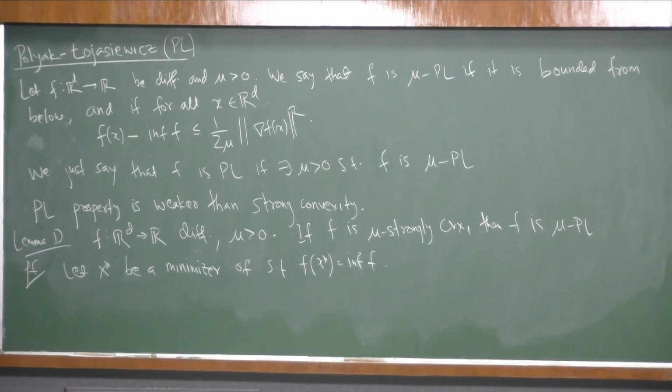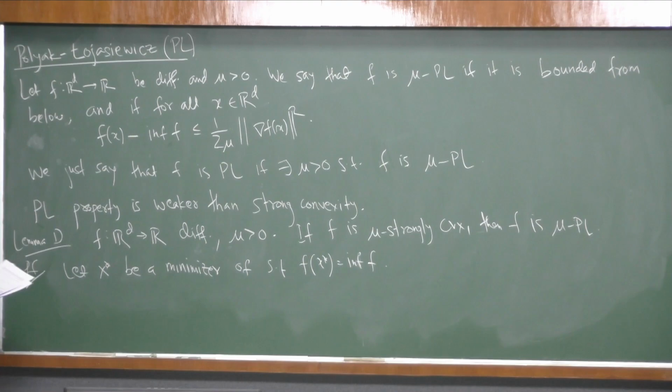Then we get f(x) minus f(x star), which is the infimum, and those terms on the right we can move to the left, and then we are supposed to somehow get grad f(x).